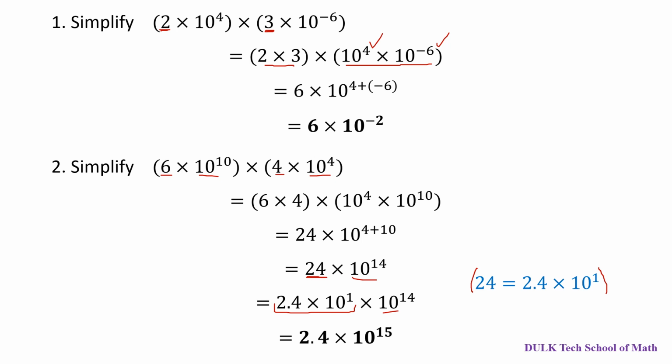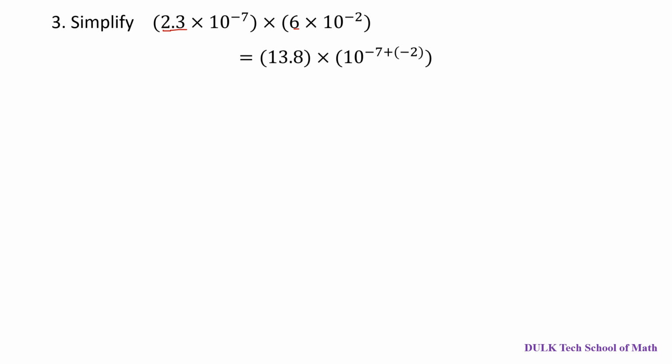Let's move on to our third example. Likewise, we are going to simplify the coefficients. 6 will multiply 2.3, and we get 13.8. And in this case, 10 to the power minus 7 will be multiplying 10 to the power minus 2. According to the laws of indices, we add the powers.